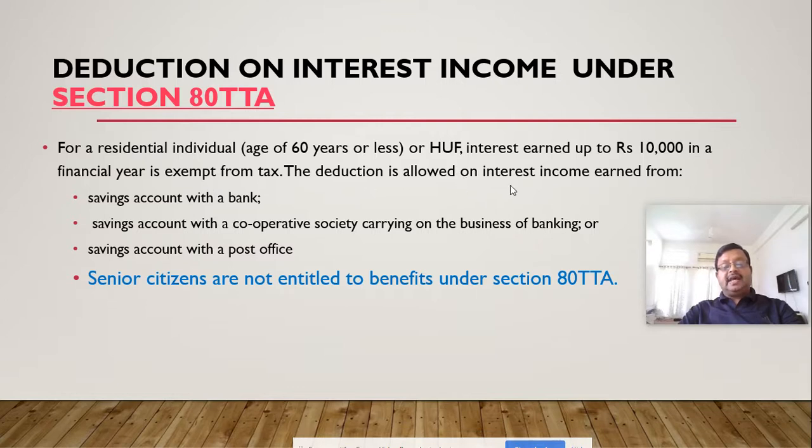The deduction is allowed on interest income earned from a savings account with a bank, a savings account with a cooperative society carrying on the business of banking, and a savings account with a post office. Remember, under section 80TTA, the deduction up to rupees 10,000 is not applicable to senior citizens. Senior citizens are not entitled to benefit under section 80TTA. For them, there is another section 80TTB, which I'll be discussing just next.